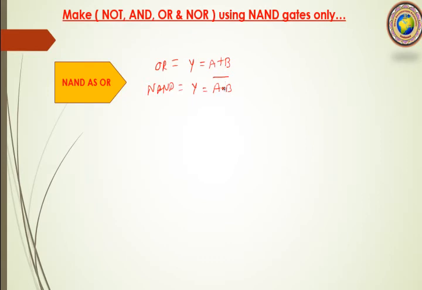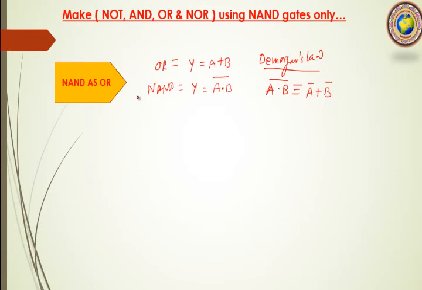This will use some relations or rules. Here we use De Morgan's law. De Morgan's law: (A dot B) bar is equal to A bar plus B bar. So using this theorem we have to convert this NAND gate into an OR gate in the form of a dot product.